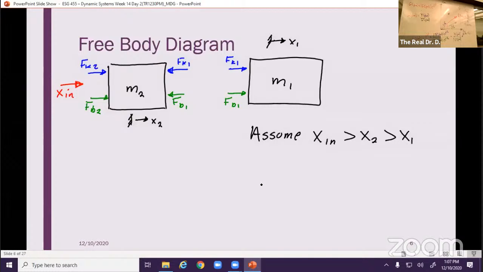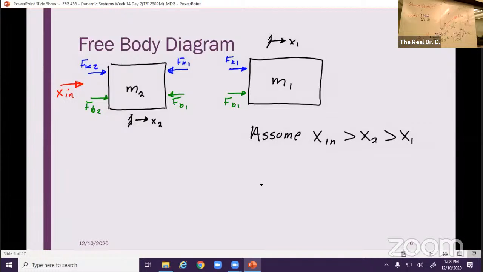Good question. So the question was, in case you guys didn't hear at home, do you need to assume that both sets of springs and dampers behave in the same direction? And the answer is no. You can choose whatever you want, as long as when you draw your forces, you're consistent. Because then the math will play out.